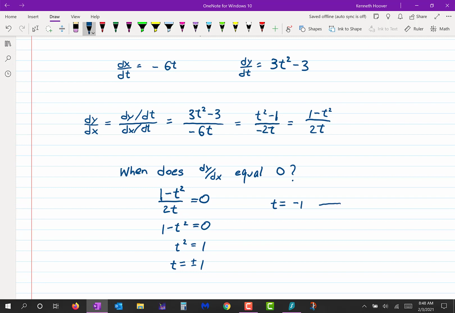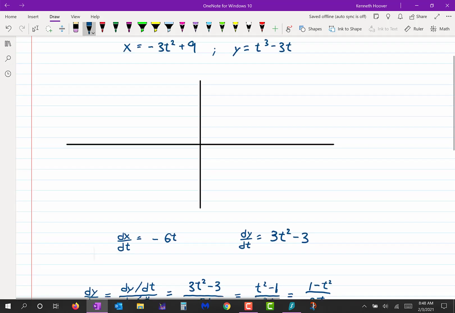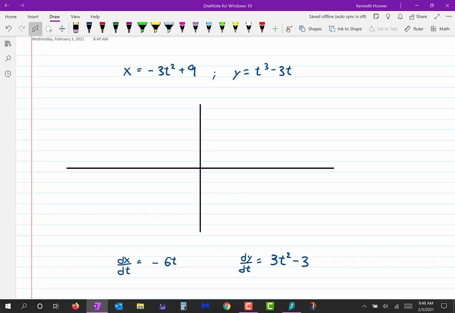Okay, what point does that give us? So look at our equations for x and y. Plug in a negative 1. When you plug a negative 1 into our x equation, we get 6, don't we?